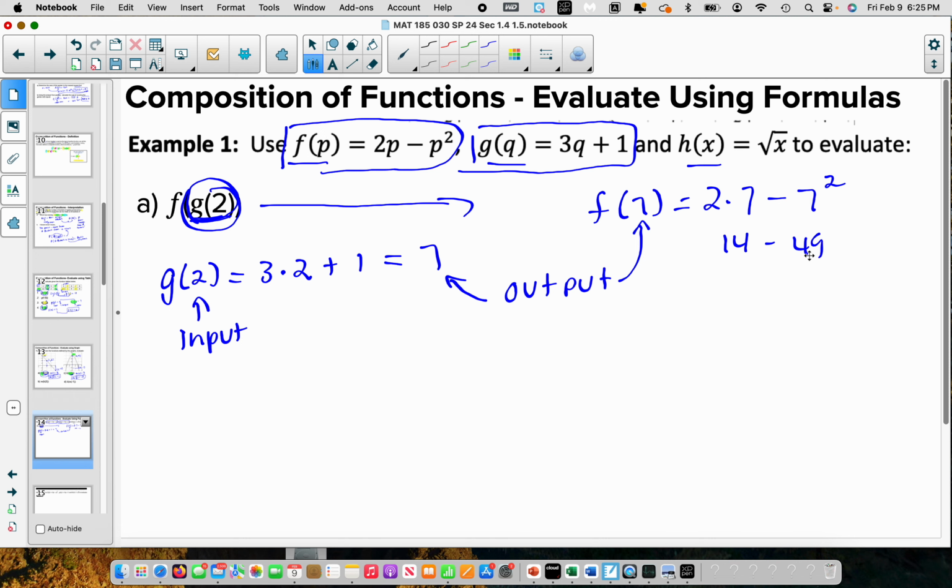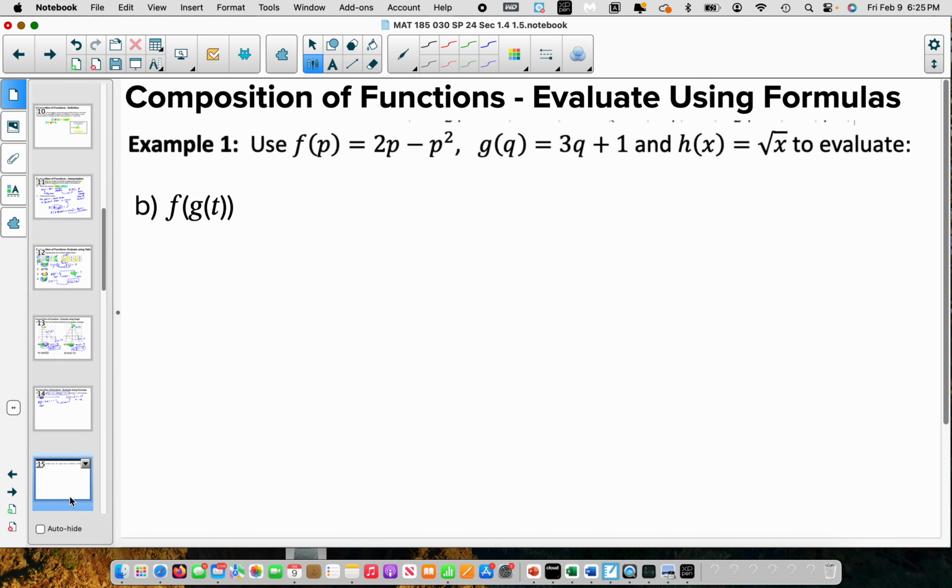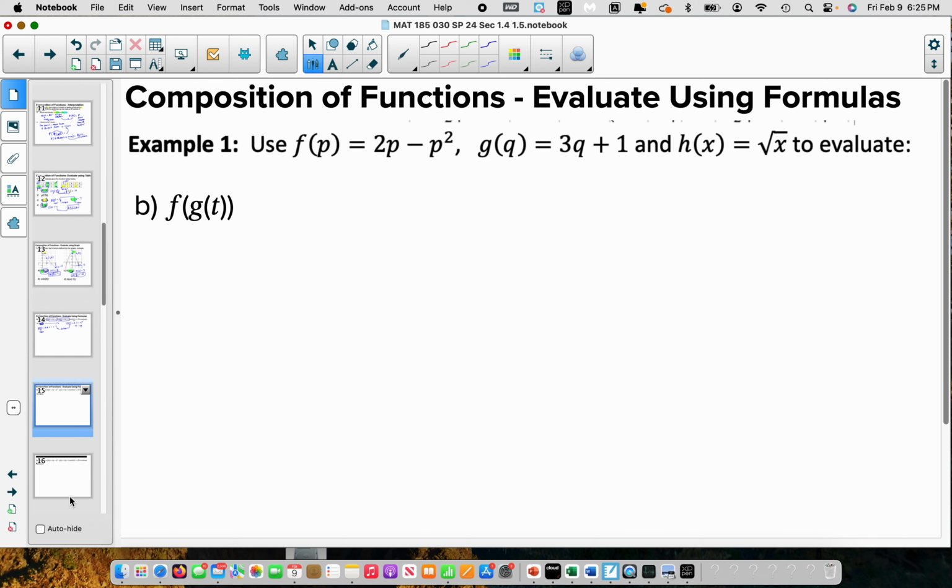Okay. All right, let's look at the next example. All right, so I don't always have to evaluate with numbers, right? When we were using the difference quotient, I didn't always have an input of a number. And in this case, I have g at t. So I'm inputting some variable t to my g function, which is here.